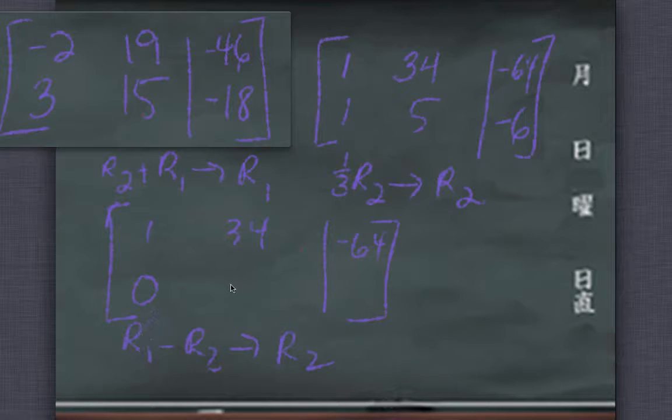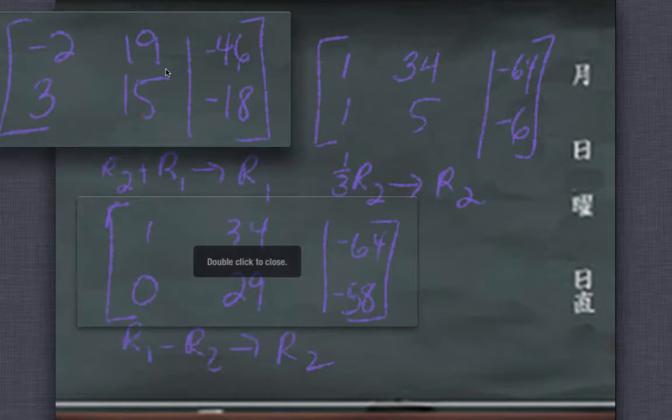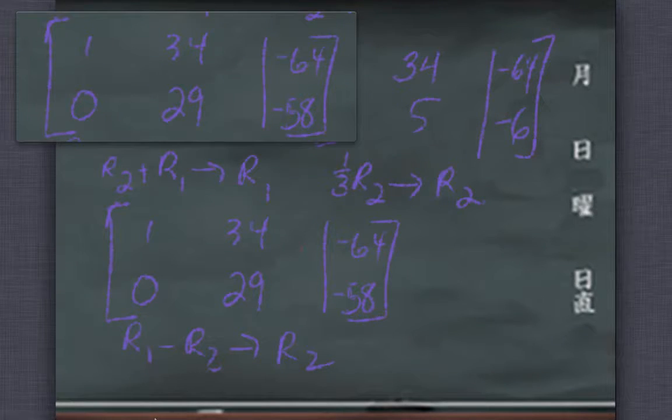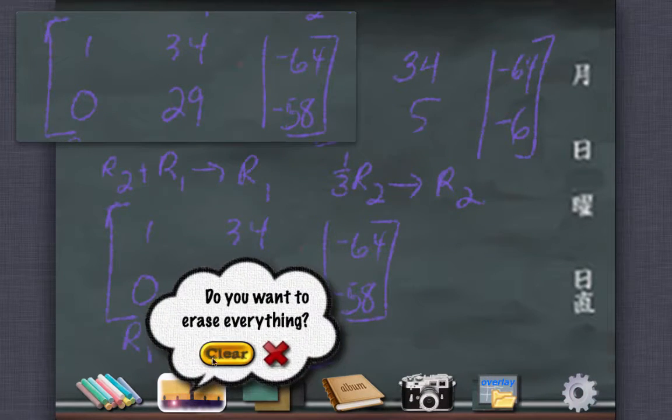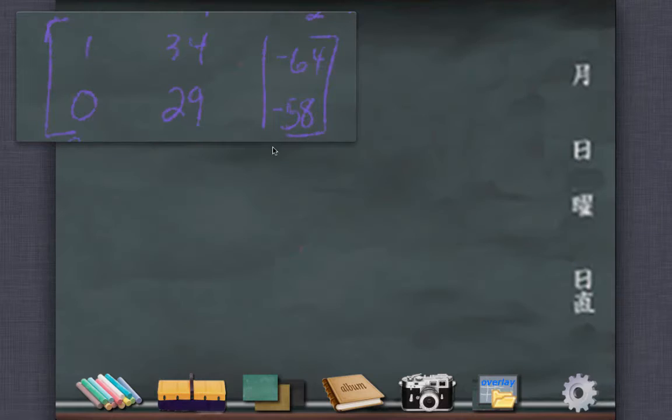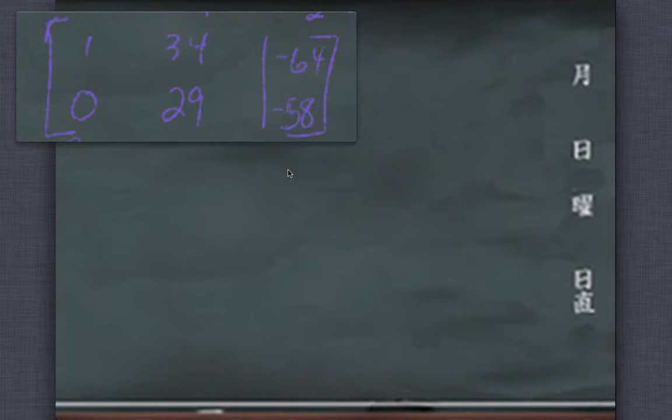So 1 minus 1, 34 minus 5, negative 64 minus negative 6. I need this to be a 1, so I'm just going to divide by 29.